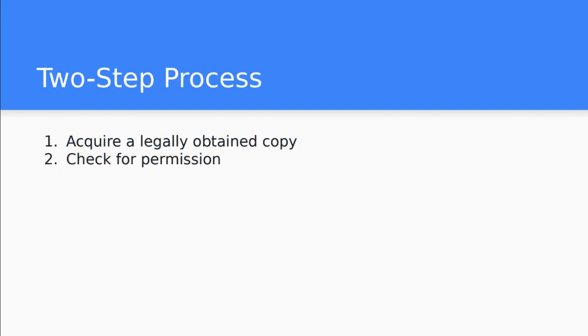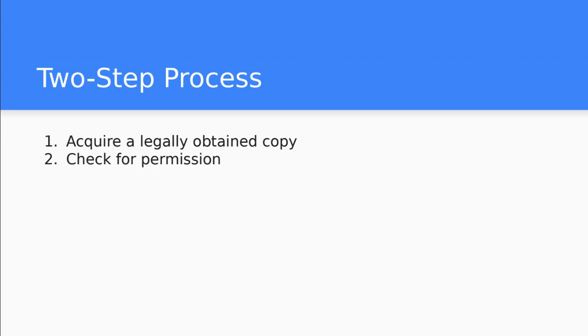Great, excellent. So this is a two-step process. The first, because the annual copyright license does not actually provide you with the content, step one is to acquire a legally obtained copy, right? So you have to have a copy of the work. If you have a PDF of the article, did you get that in a legal way?